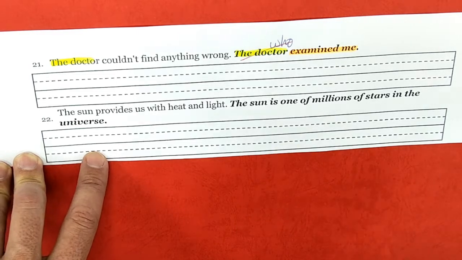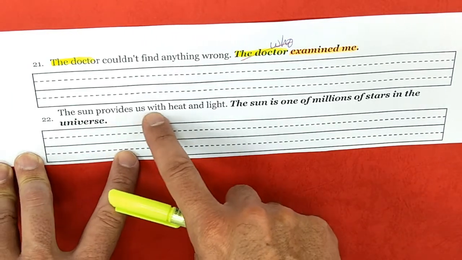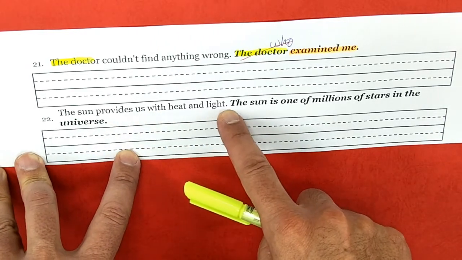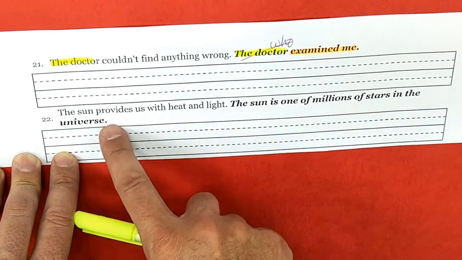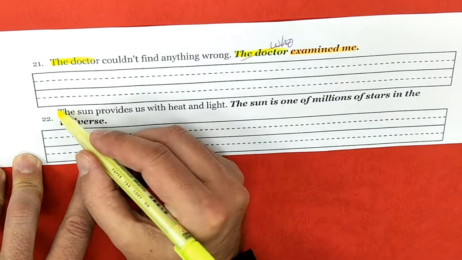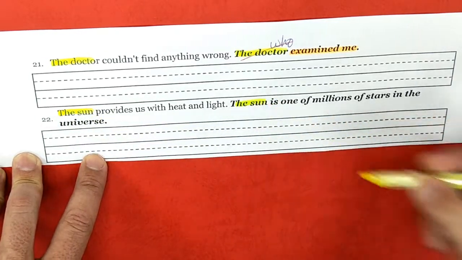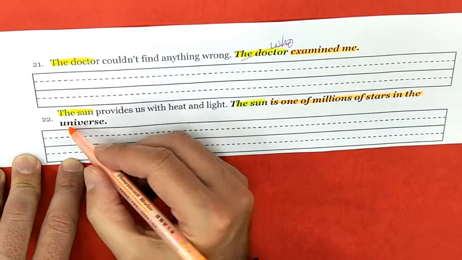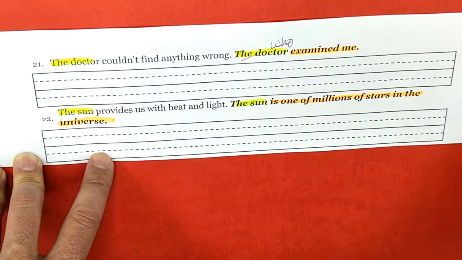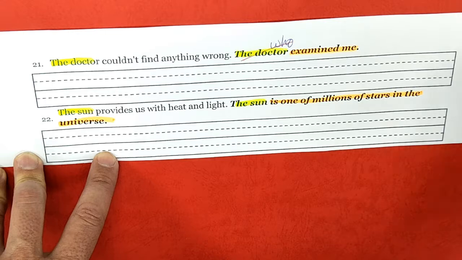Number 22. The sun provides us with heat and light. The sun is one of millions of stars in the universe. Here we have the sun and the sun. This is one of millions of stars in the universe. It's going to describe the sun.